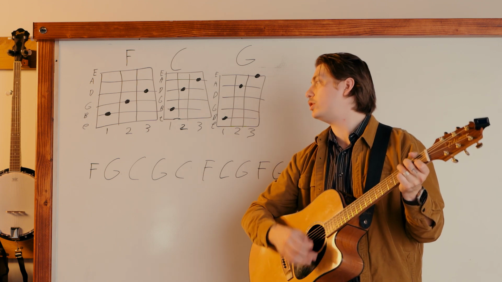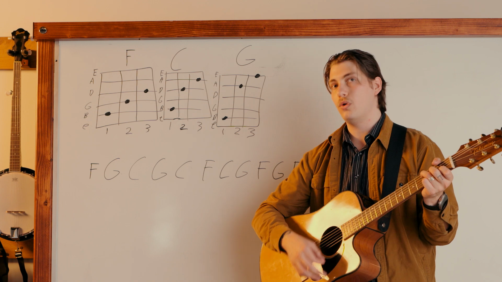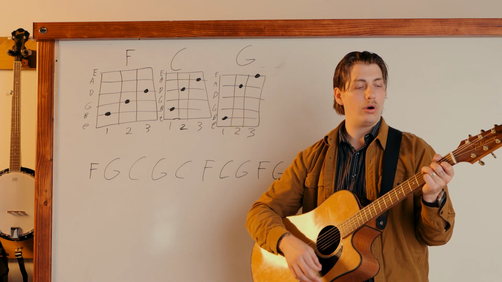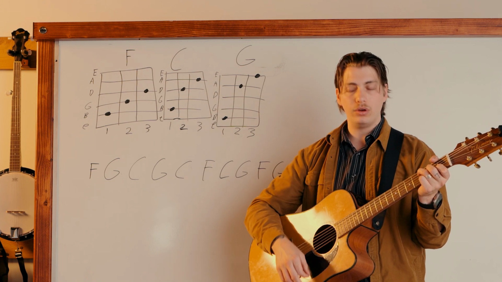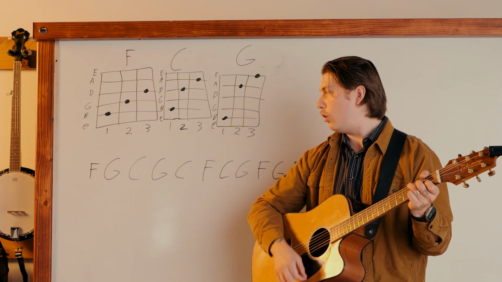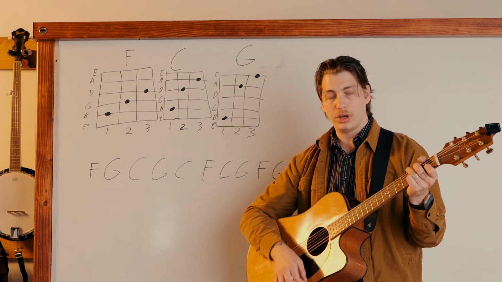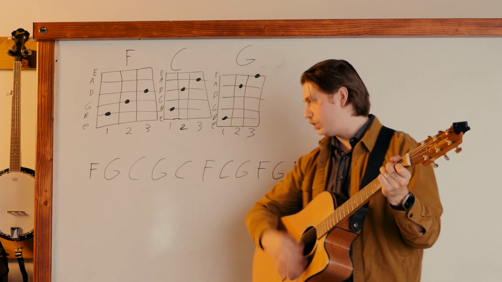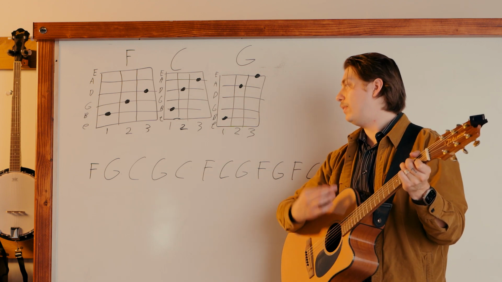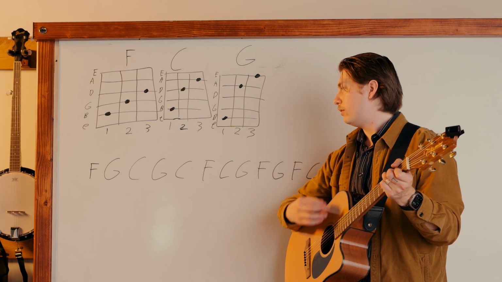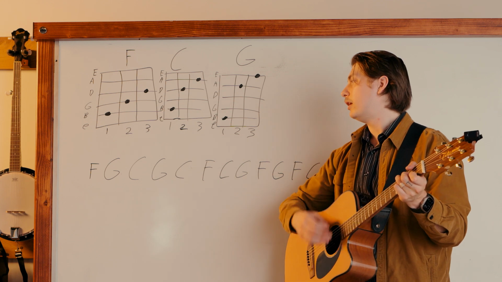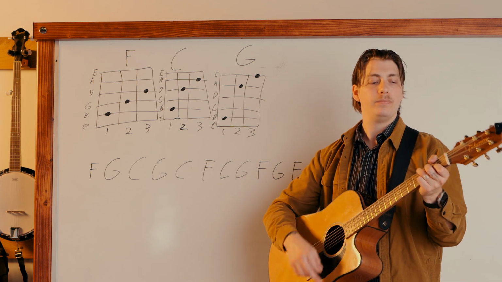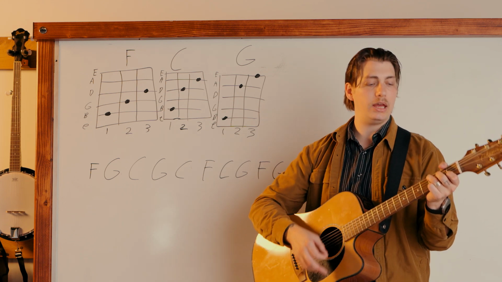Then switch to a C. 2, 3, 4. Hold it. 1, 2, 3, 4. Then a G. 2, 3, 4. Hold it. 2, 3. And then a C. We're right here right now. 3, 4. Hold it. 1, 2, 3.